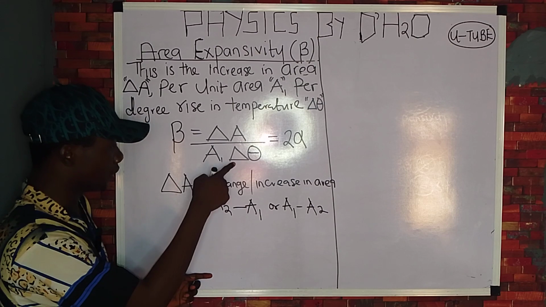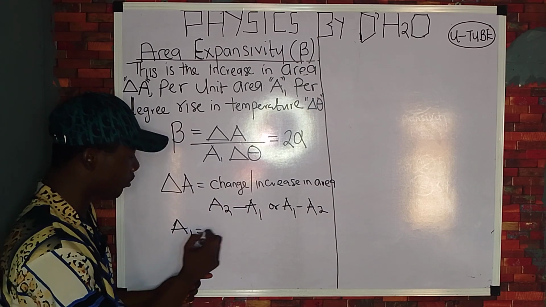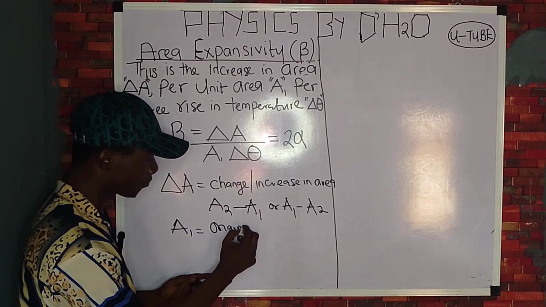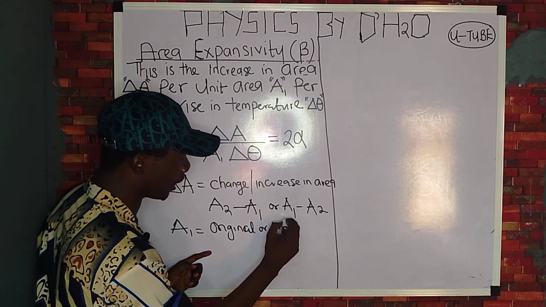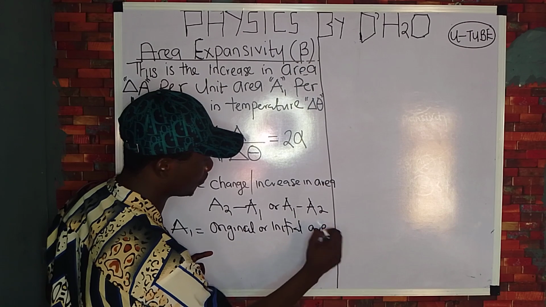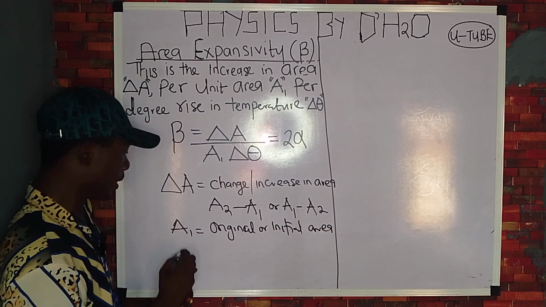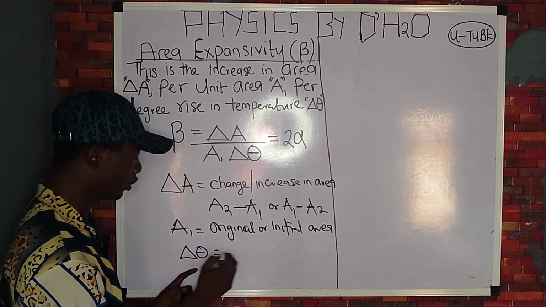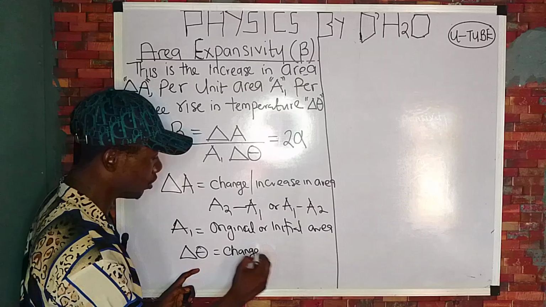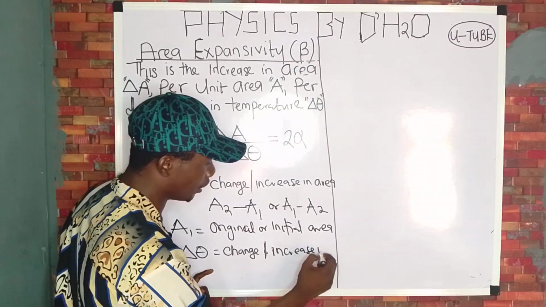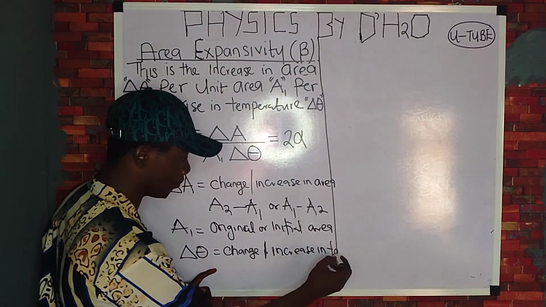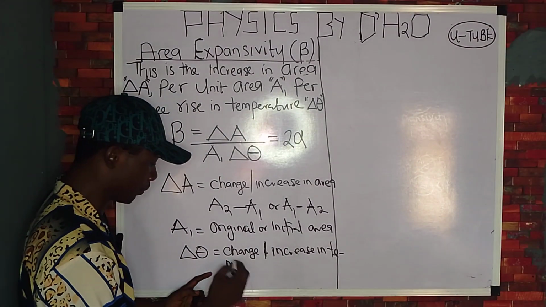Okay? Now, this symbol A1 means original or initial area. Then we have delta theta, which means change or increase in temperature.